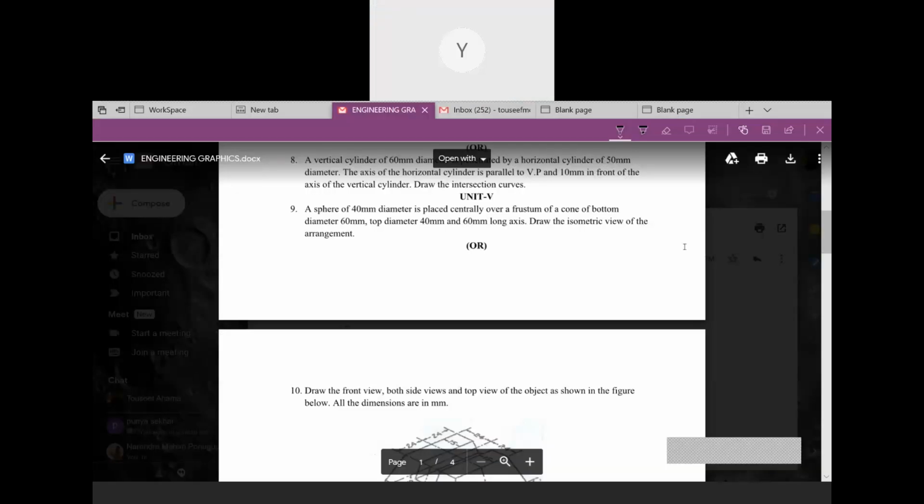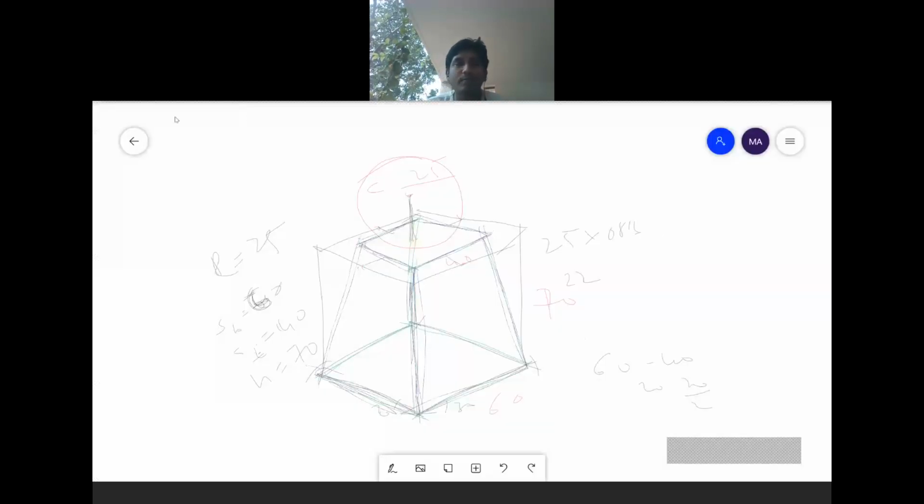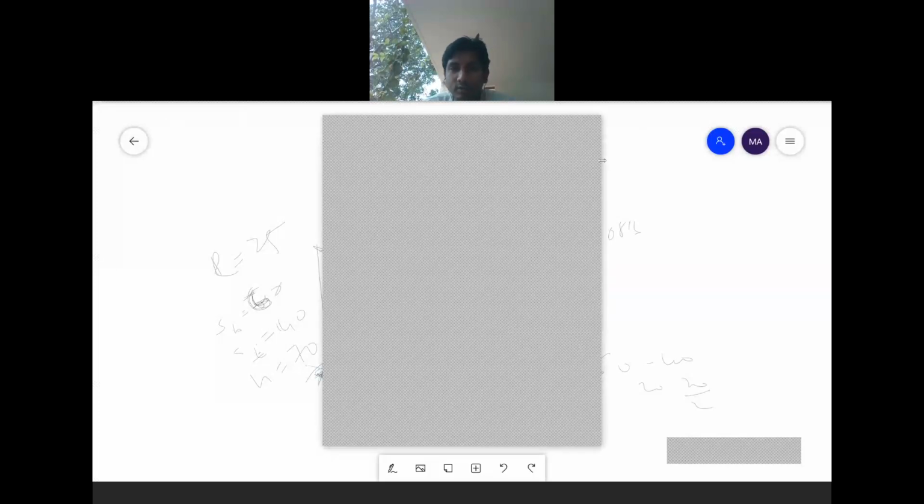First we will draw the problem. So I am taking the whiteboard here. Yesterday we drew this problem; we'll draw it afterwards.